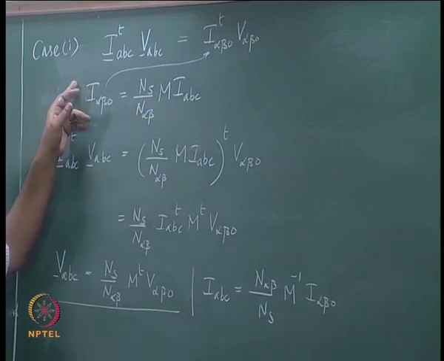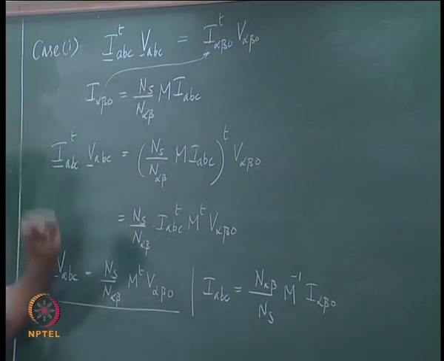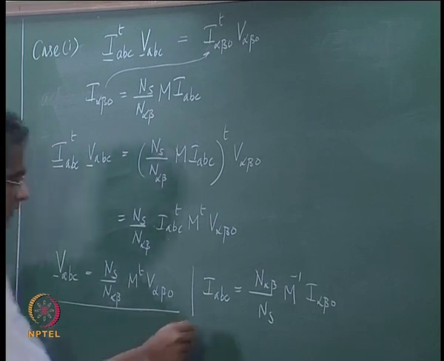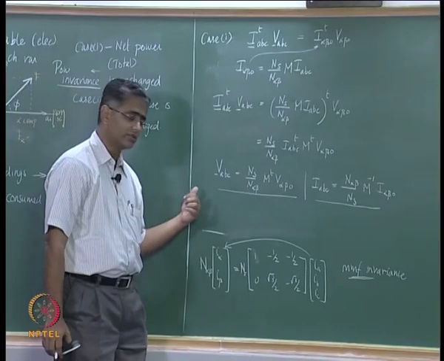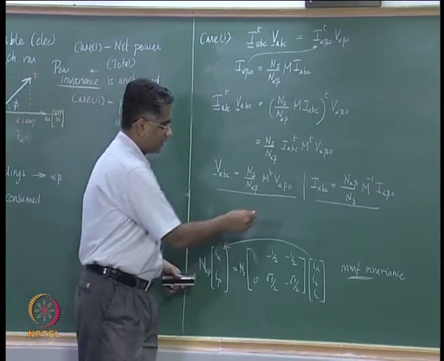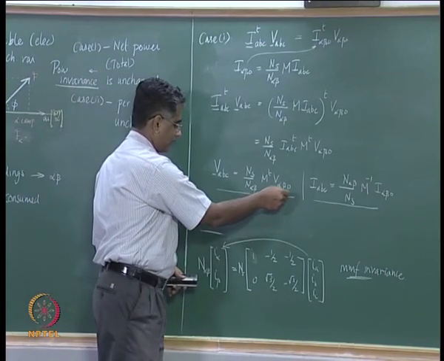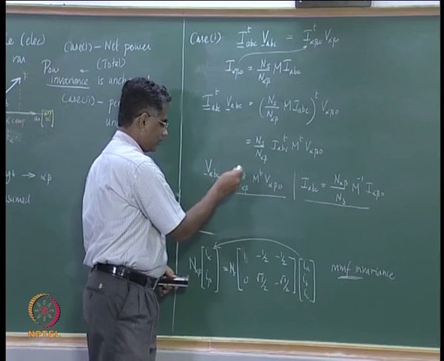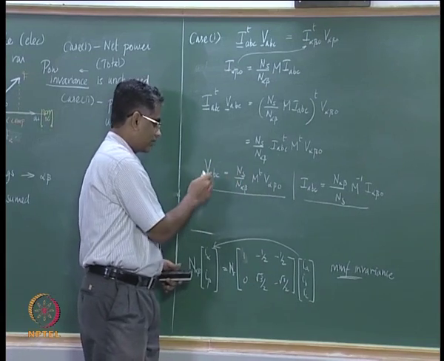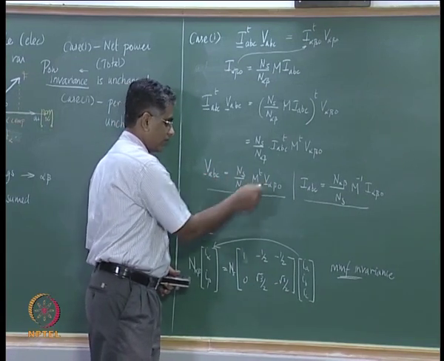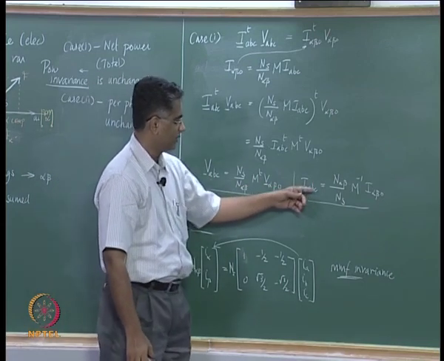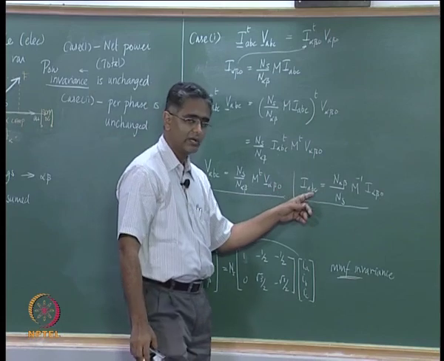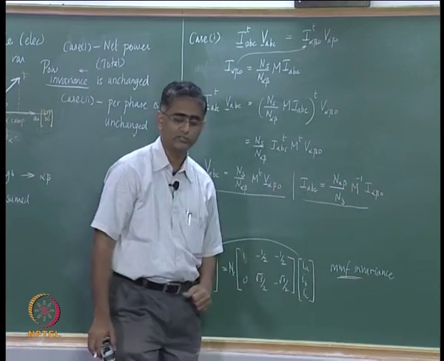So, it is n alpha beta by ns pre multiplied by M inverse. So, what we see from these two equations is the transformation of the equation which is going to relate VABC to V alpha beta 0 appears to be a little different from the relation between IABC and I alpha beta 0.